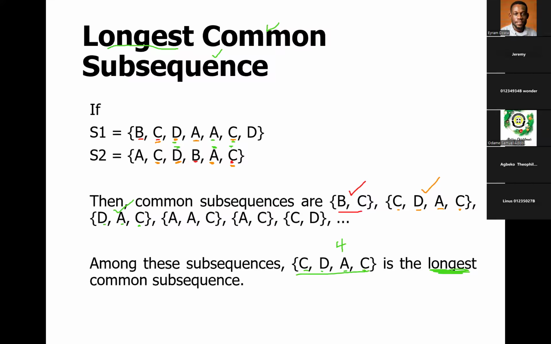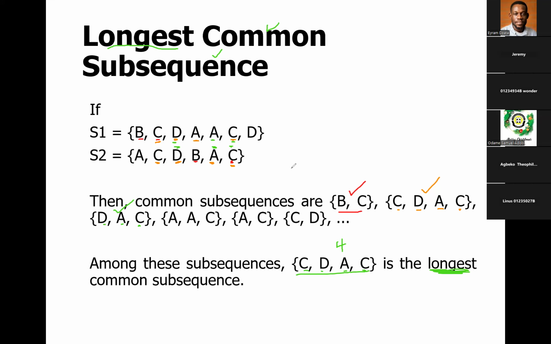We talked about the properties, so it has to be optimal. So not just that we have about 2 or 3 of the common subsequences which have a length of, let's say, 4. Out of those 2 or 3, you need to check which of them is the optimal substructure or subsequence.